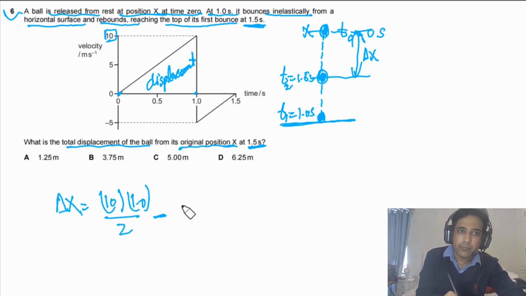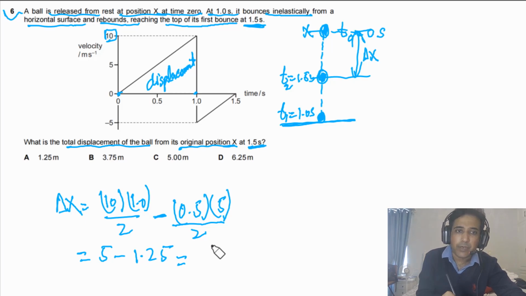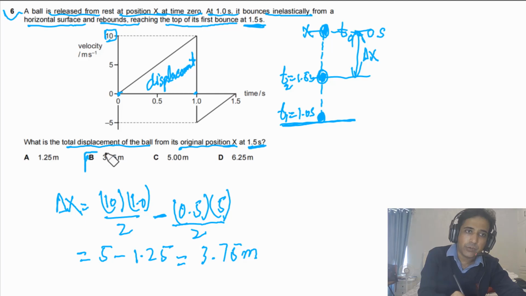Here we have 0.5, and here we have 5, divided by 2 because this is a triangle. If we solve this, here we will get 5, and here we will get 1.25, and if we simplify, we will get 3.75 meters. So this is the final answer, and the answer for this question should be B.